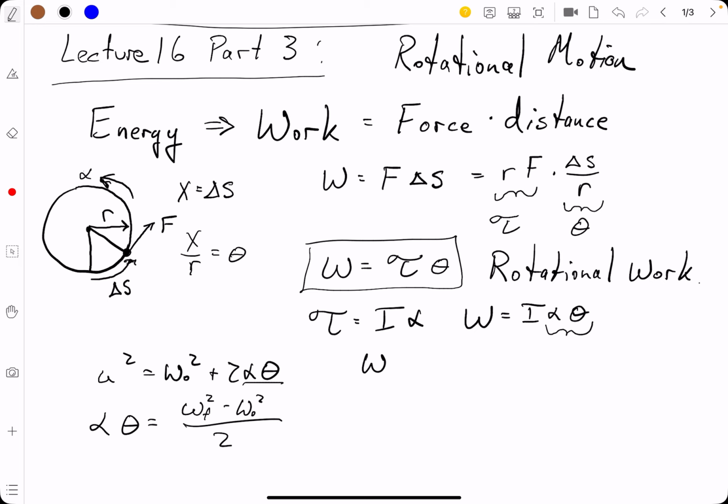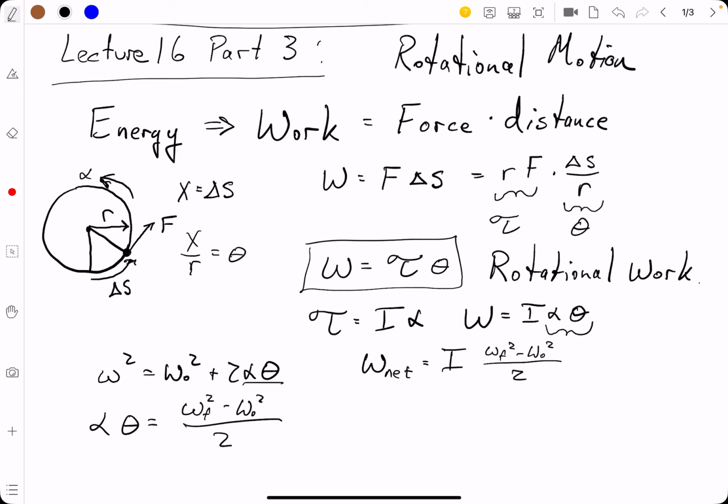It's not work, it's an omega. So our work net is now equal to our moment of inertia times our omega final squared minus our omega initial squared over 2.